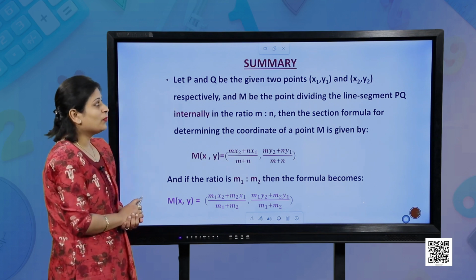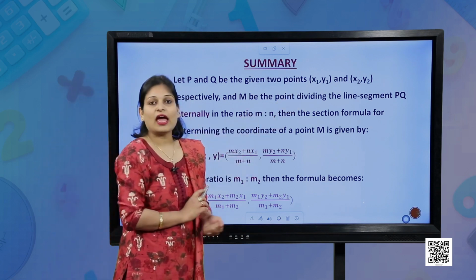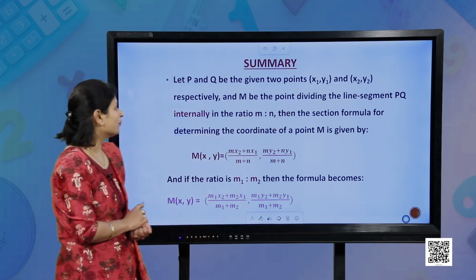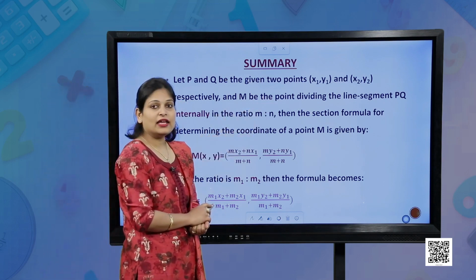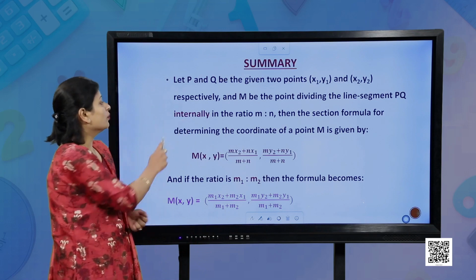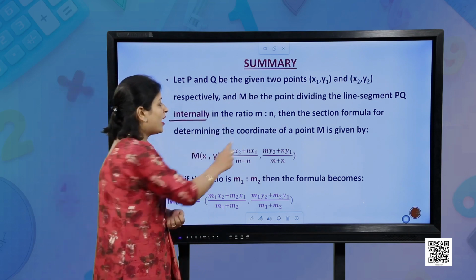Let P and Q be the given 2 points x1, y1 and x2, y2 respectively, and M be the point dividing the line segment PQ internally in the ratio m is to n.